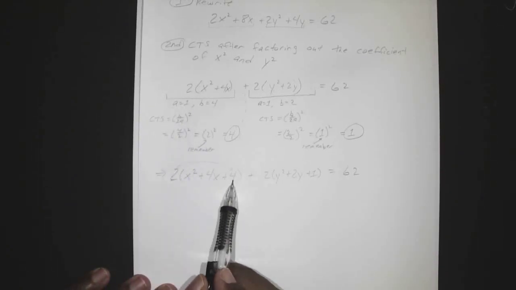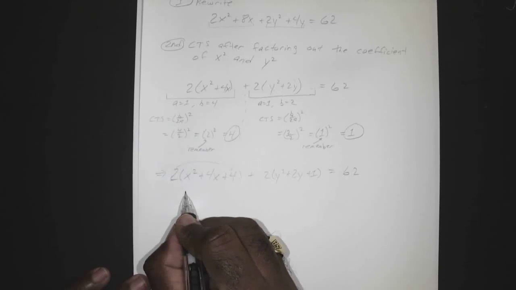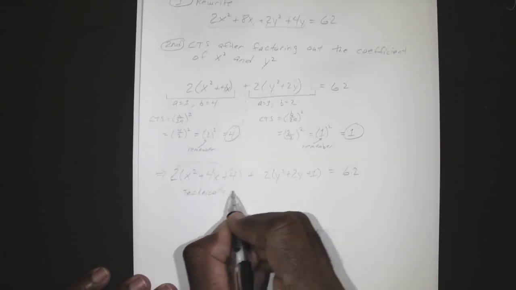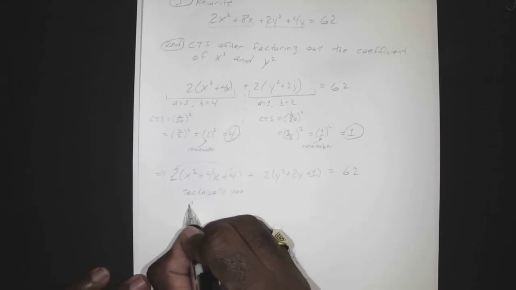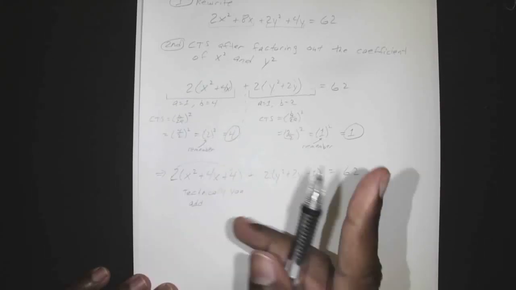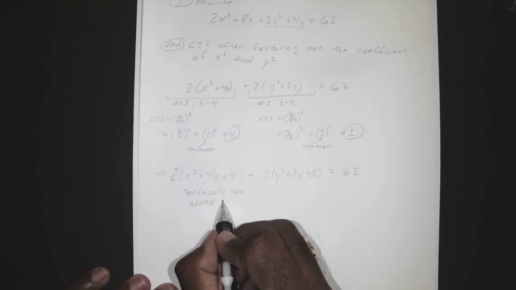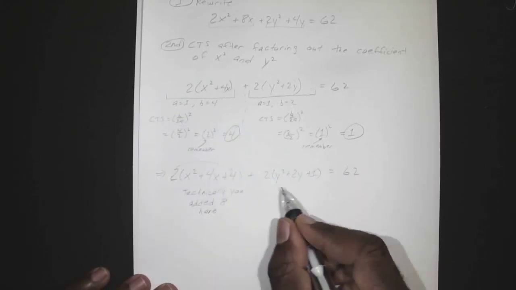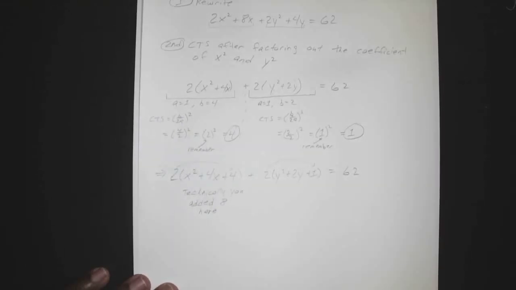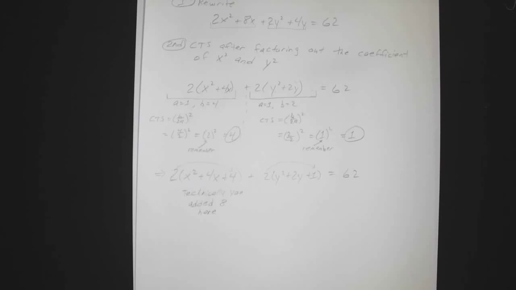For the y term, because you multiplied by 2, technically you added 2 to that side.